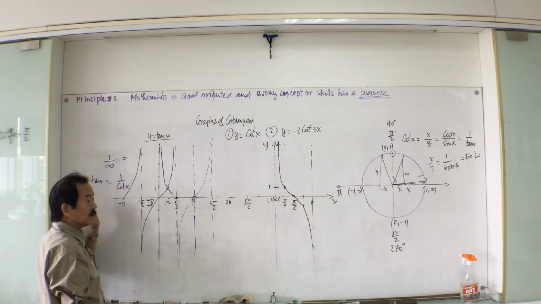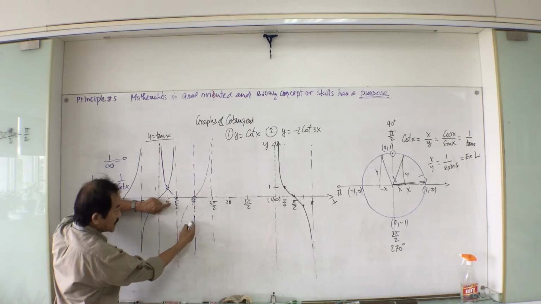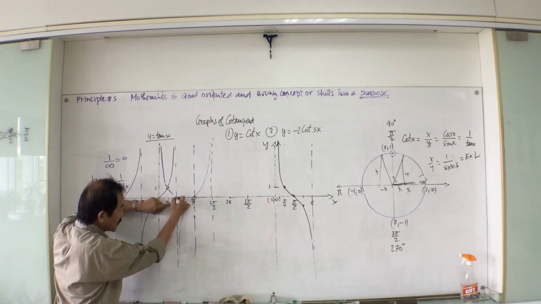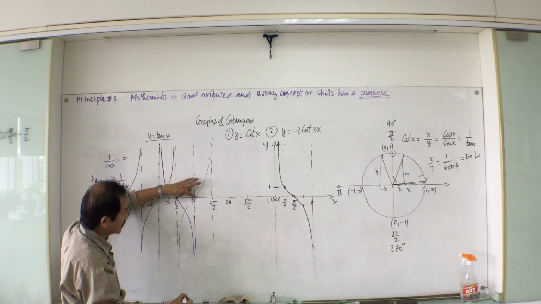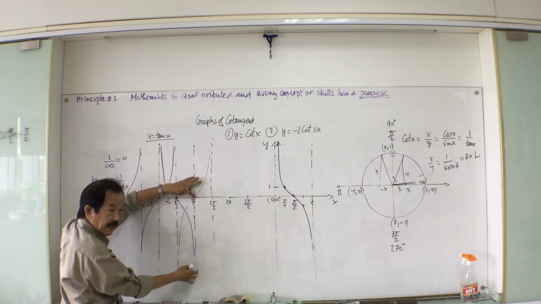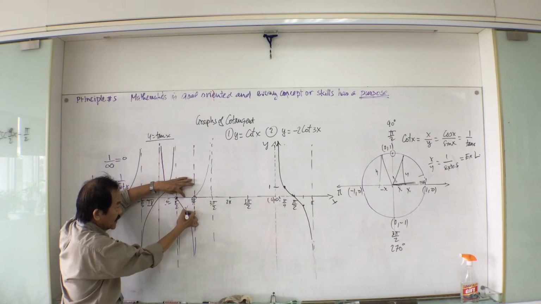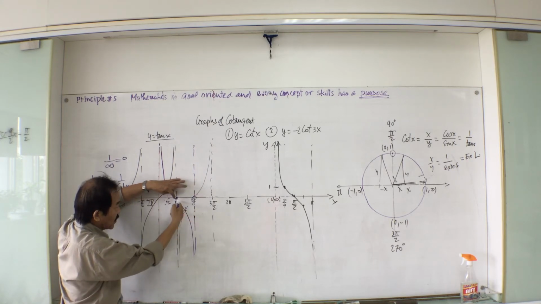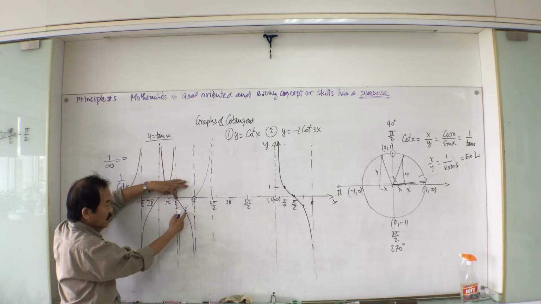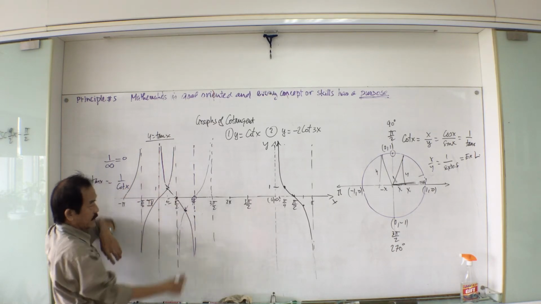Reciprocal of big positive equals 0. Reciprocal of 0 equals infinity. So you go like this. Because the tangent equals 0, cotangent has to be negative infinity. Okay? So tangent equals negative 1 right here, so the reciprocal, negative 1, is also negative 1. They share this point.